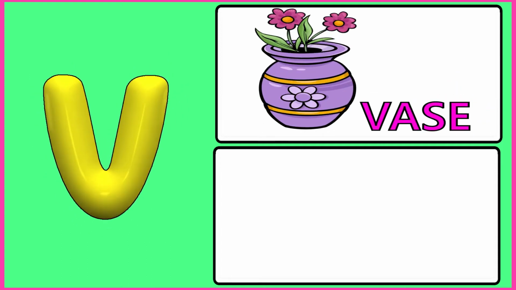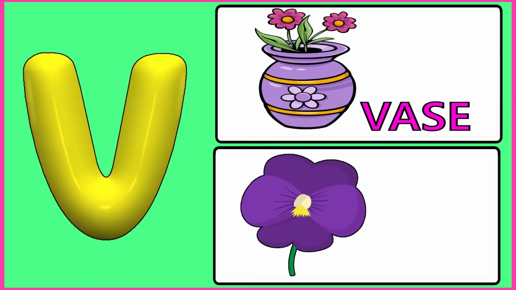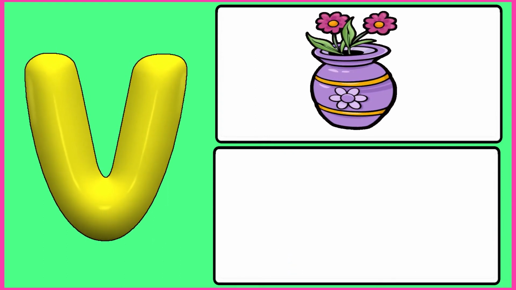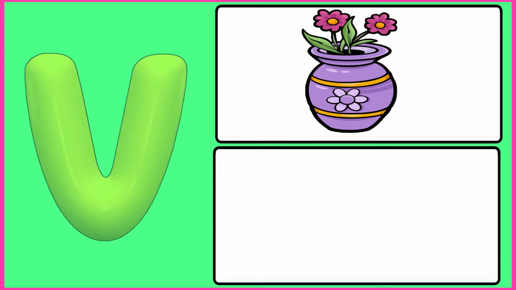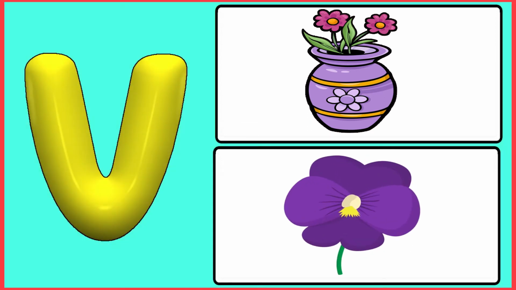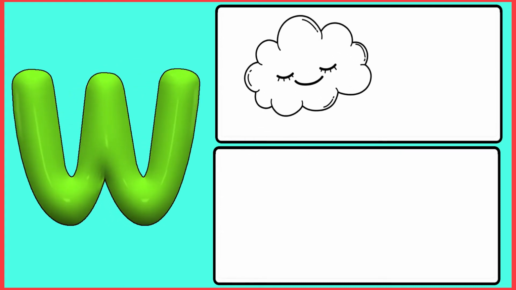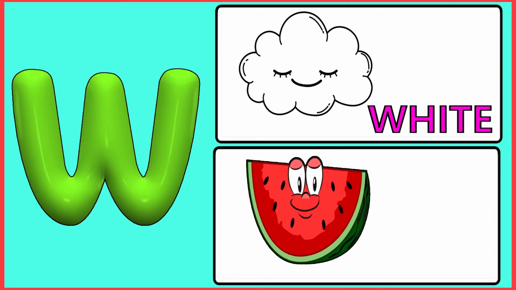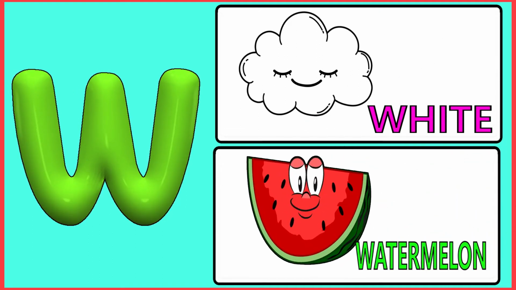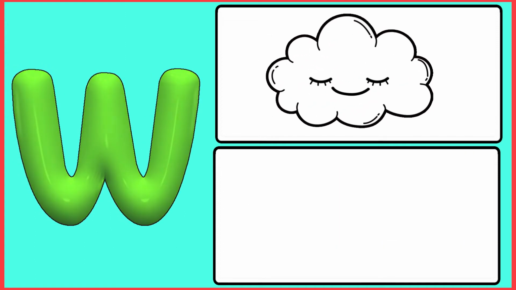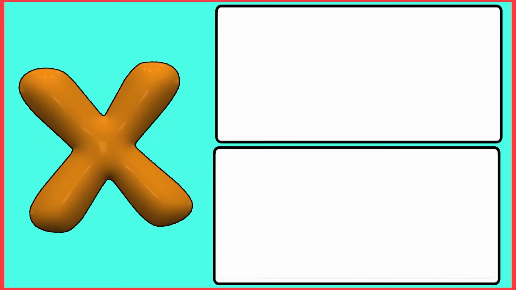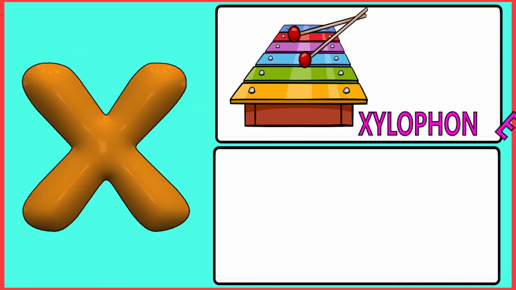V is for vase, vase. V is for violet, violet. W is for white, white. W is for watermelon, watermelon. X is for xylophone, xylophone.